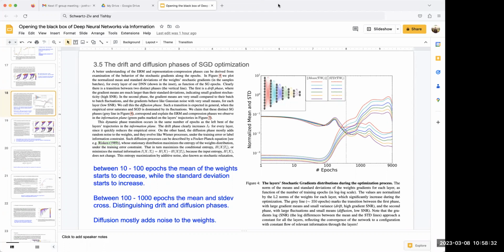Jonathan, I have a general question of understanding. So the information bottleneck has nothing to do with compression, right? In terms of expressing what's needed in fewer bits.